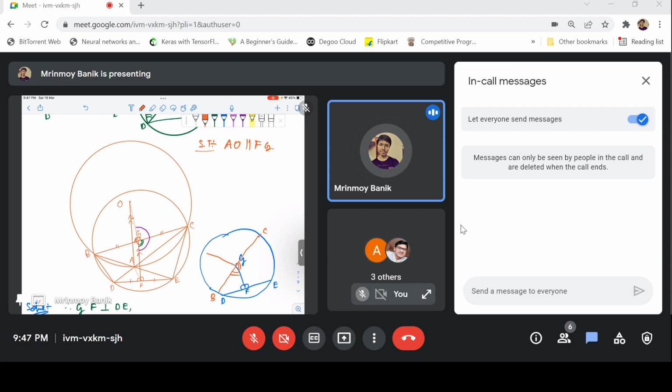Does this O lie on the circumcircle of the quadrilateral BCED?